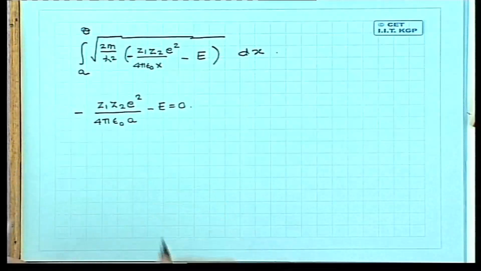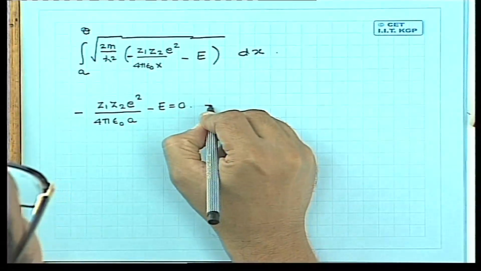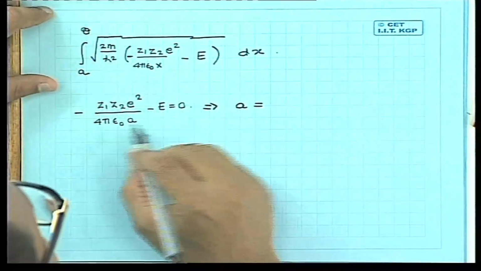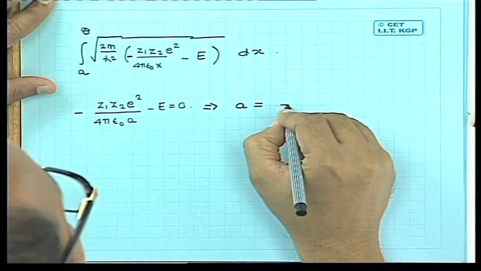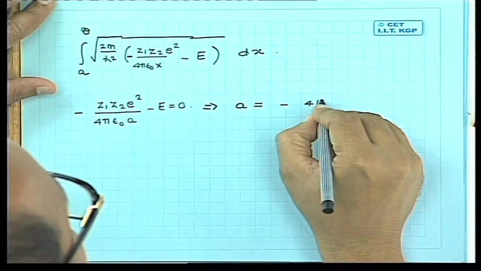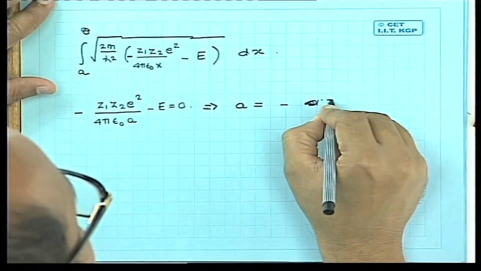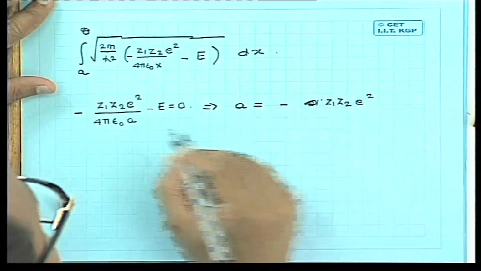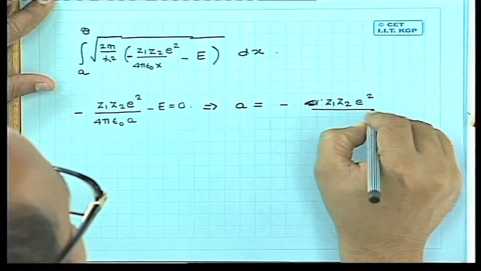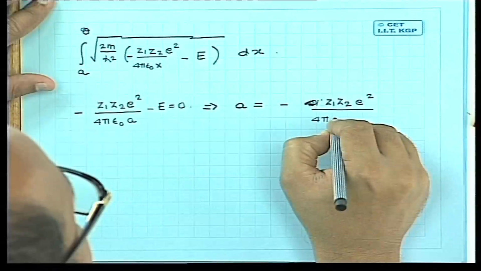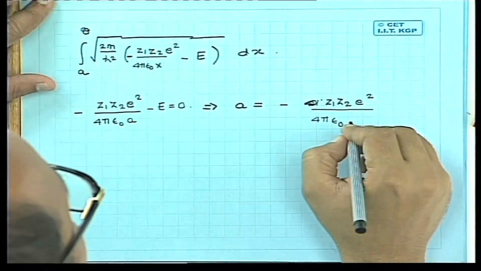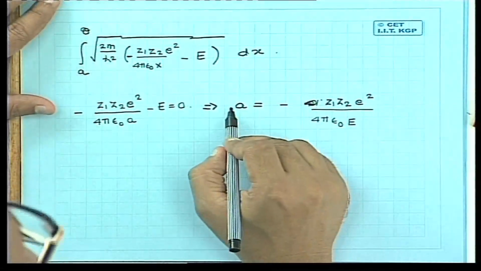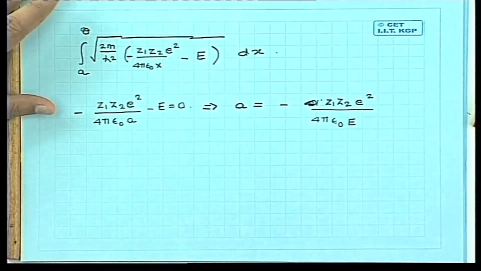So minus this is equal to this, which implies that A is equal to minus z1 z2 e square by 4 pi epsilon naught into E. So we have determined A, the classical turning point.